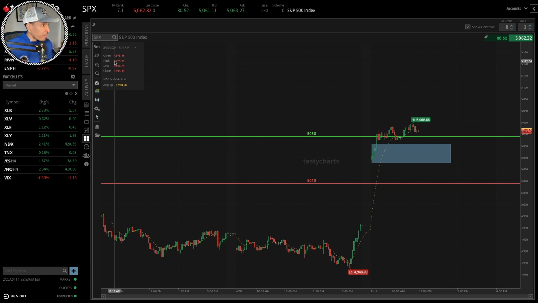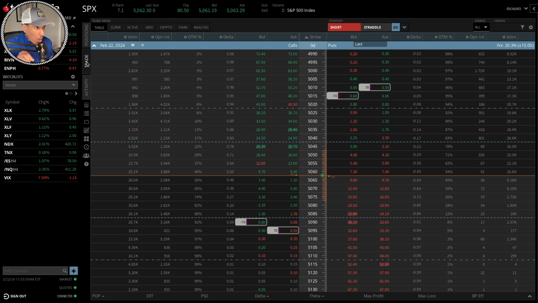Essentially I take 50 and subtract it from 50.64, which gives me a reference to where I should place my vertical put credit spread, roughly 50.14.